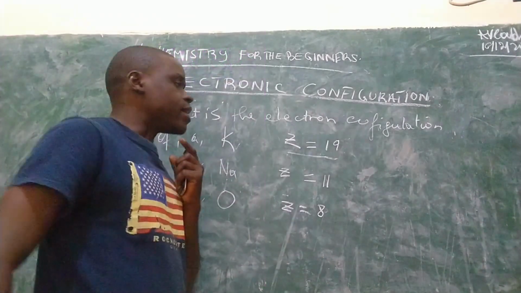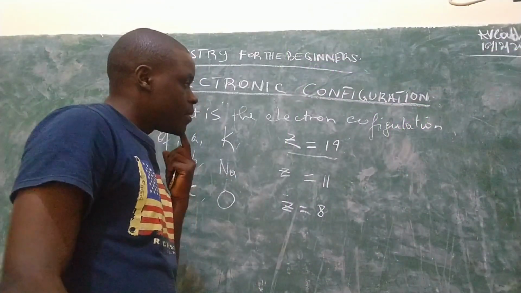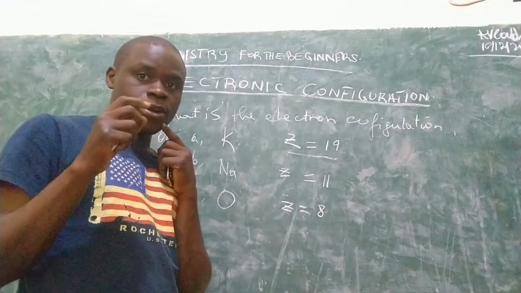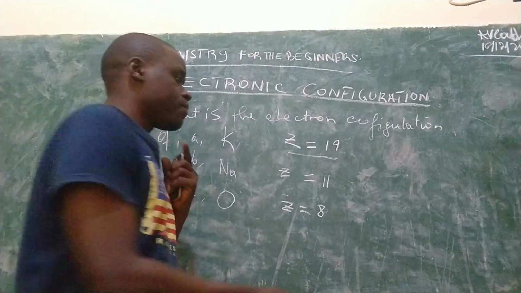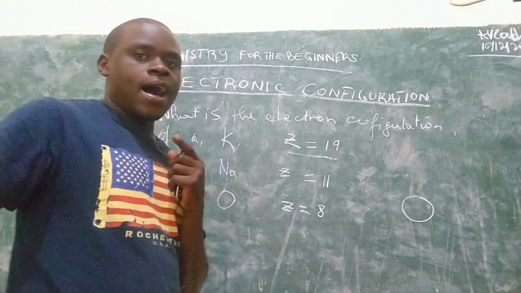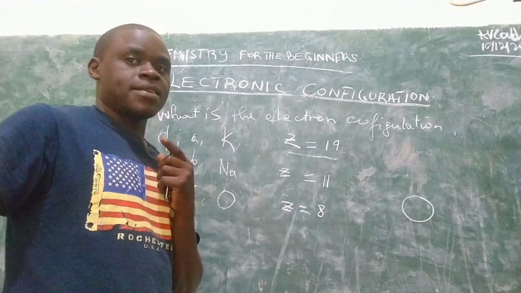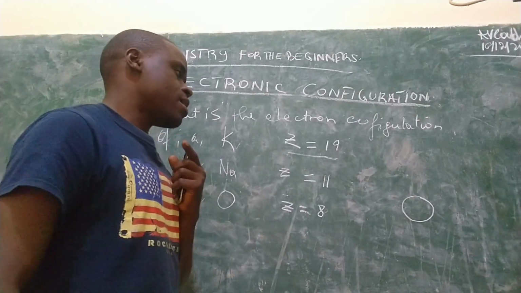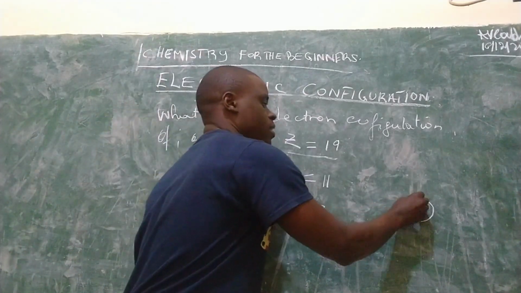So for electronic configuration, starting from potassium, we first build the first energy level in this way. It's a must that this first energy level doesn't exceed 2 electrons, which means we will fill 2 electrons.